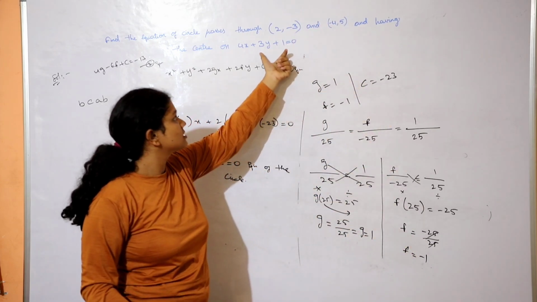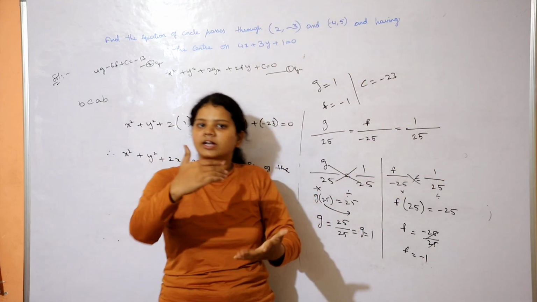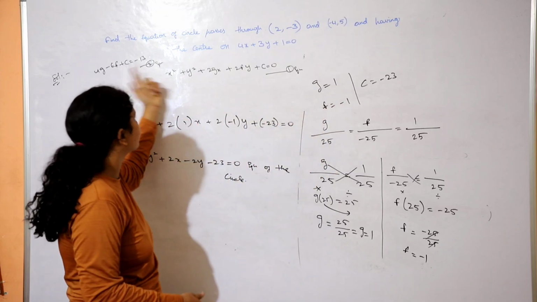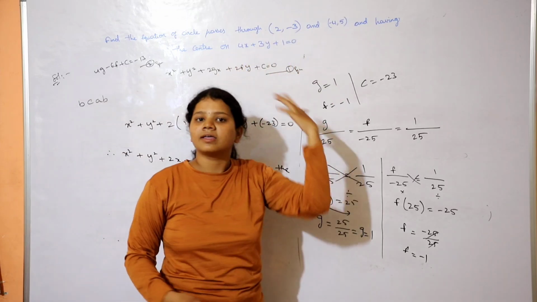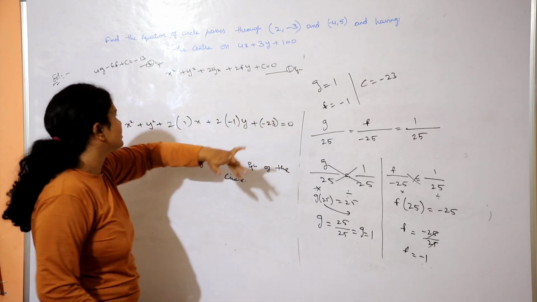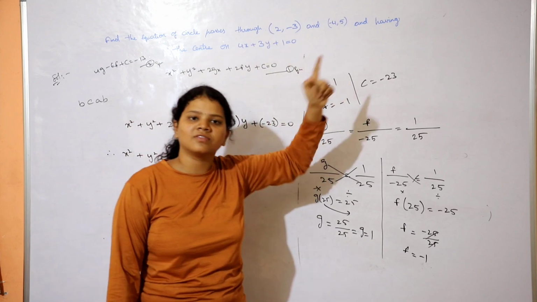From this given equation and the equation that you have already solved, you can find the G, F values and substitute them in the second equation, and then you will get the C value. Take those three values G, F and C and substitute in the general equation. From there you will get the equation of the circle.